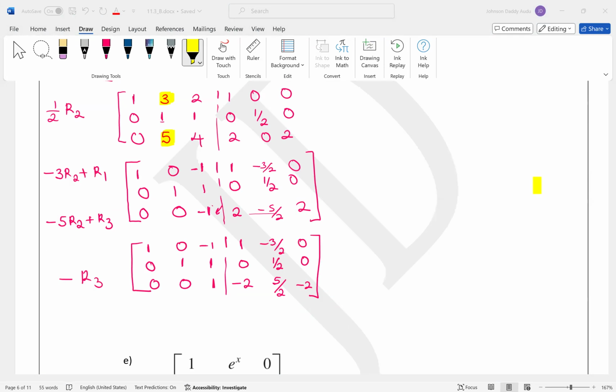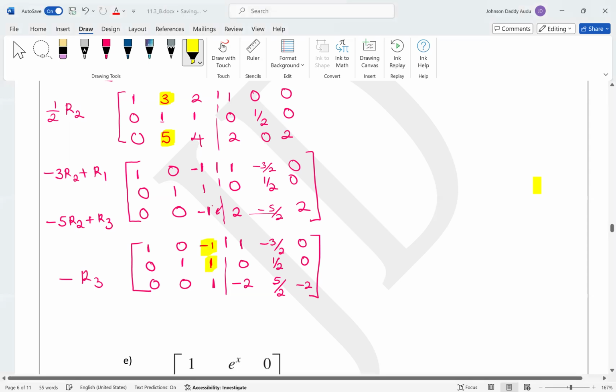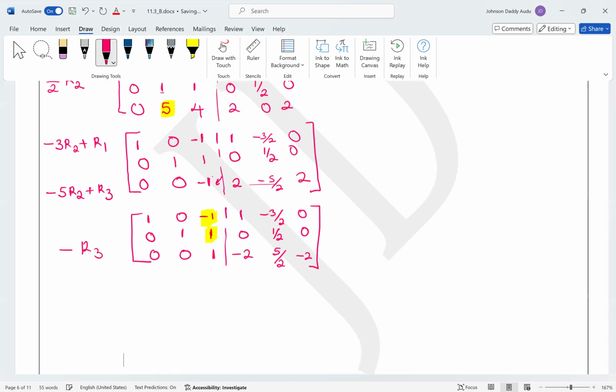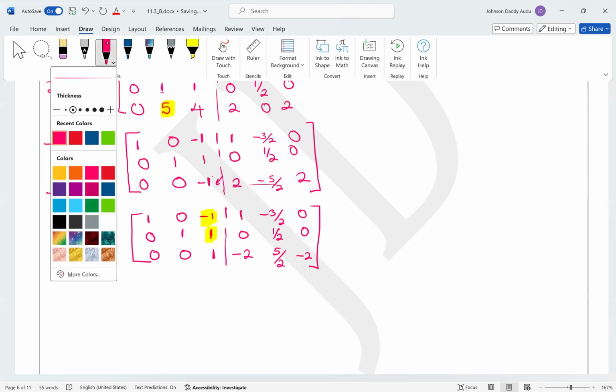So the next thing, it will be to convert this to 0 and this to 0. So we can also do that still in the same row using row operations. So how can we achieve that?